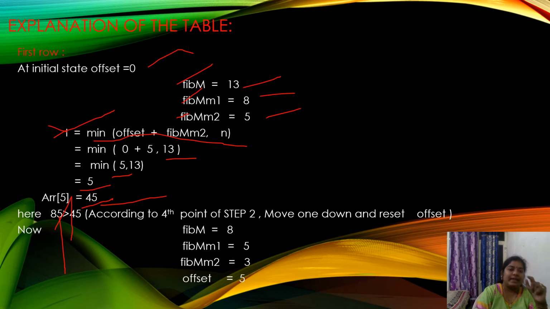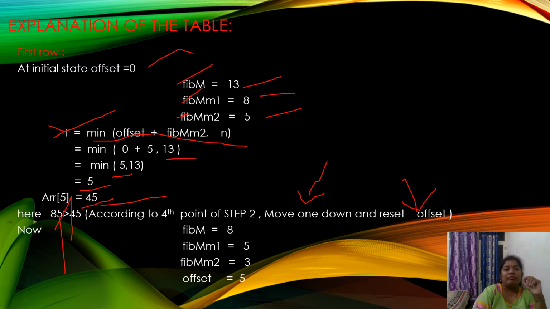According to the second step, the fourth point says if our target element is greater than the existing element, not equal, then perform the move one down operation and reset the offset.